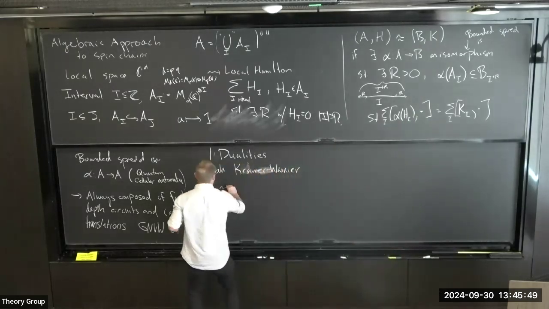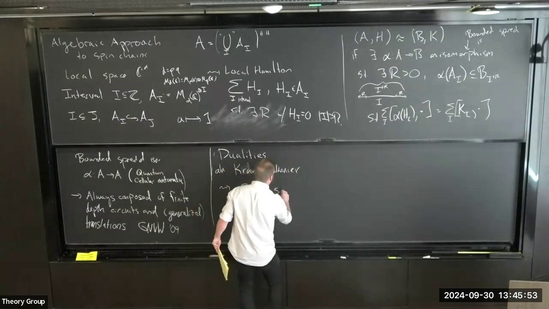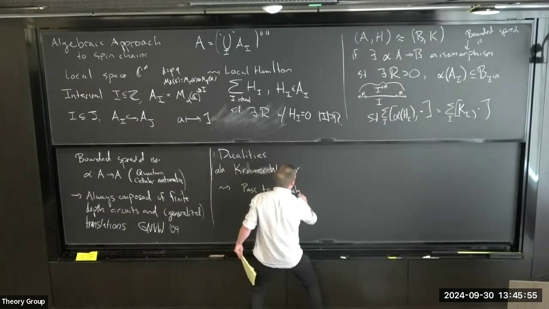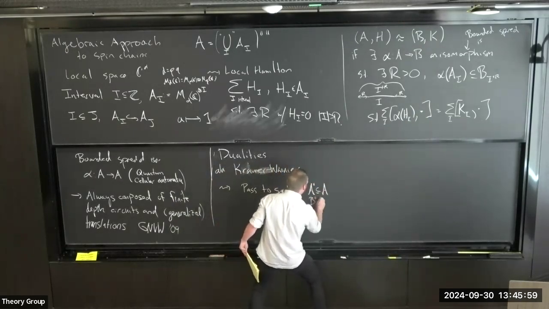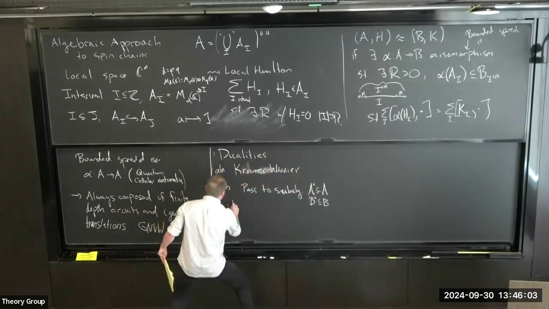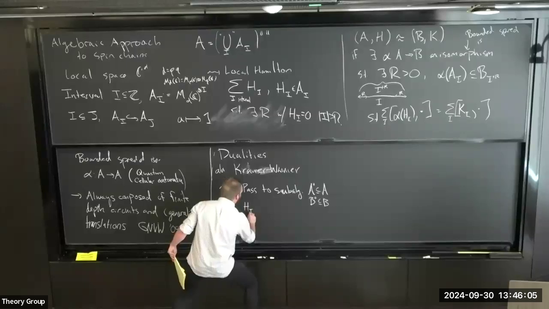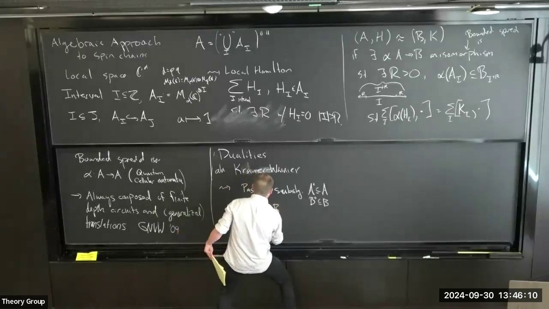So pass to sub-algebras A° ⊂ A and B° ⊂ B, such that the h_i are contained in A° and the k_i are contained in B°.